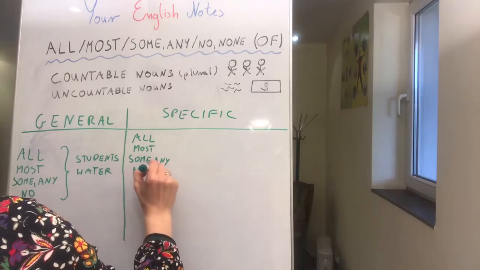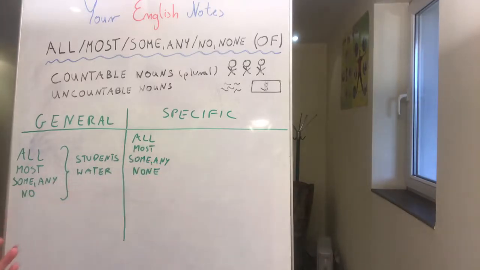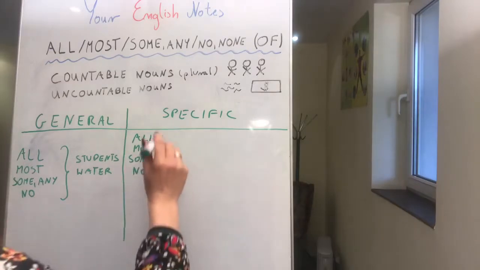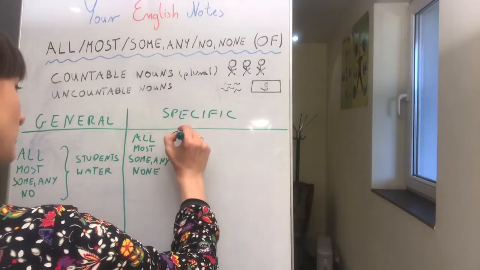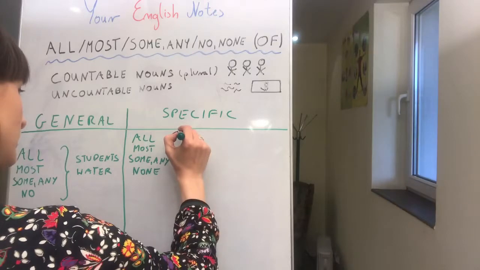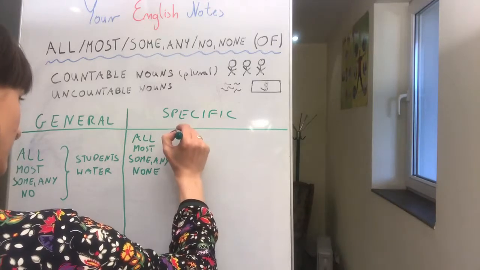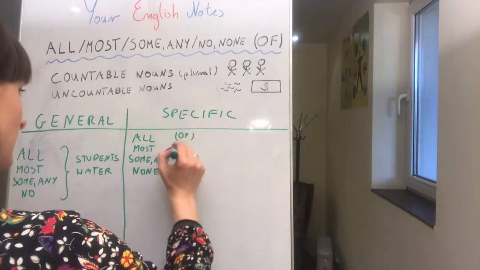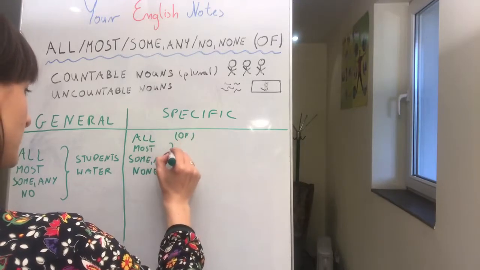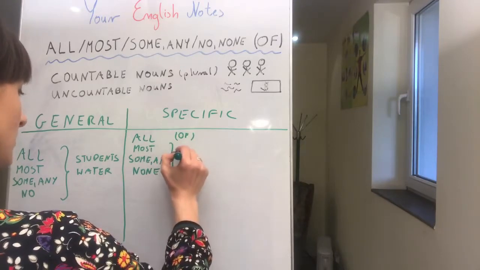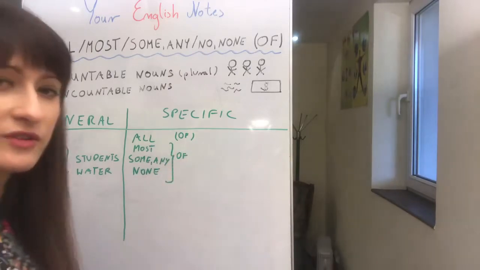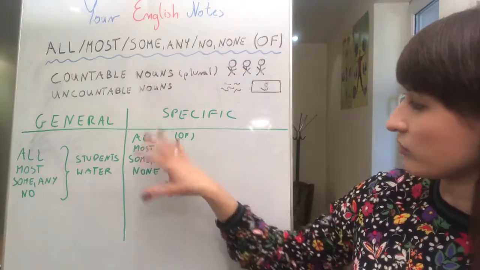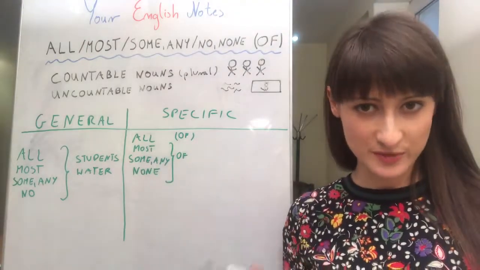I have already explained the difference, so today you will see another difference between these two. And when it comes to all, of is optional. So I will write here of like that, but when it comes to the rest of them, we'll use of. I have already told you that we need of when we talk about something or someone specific.